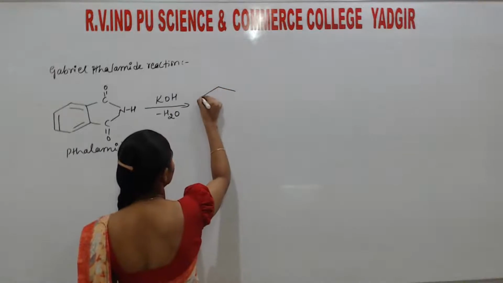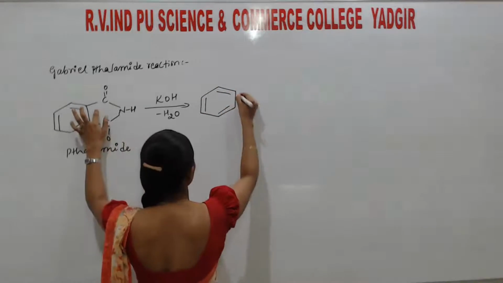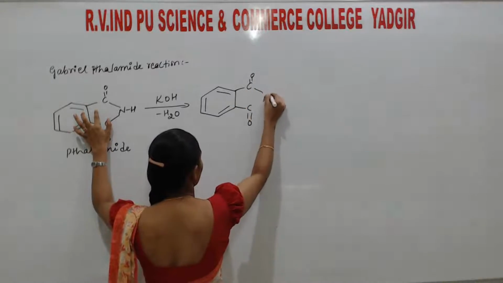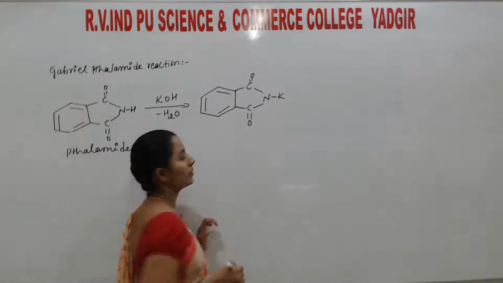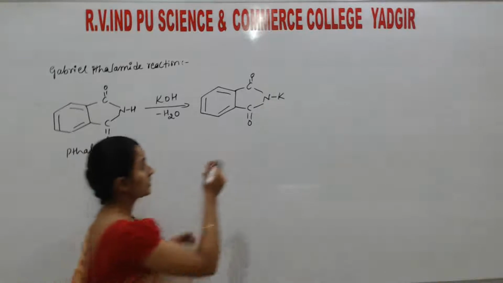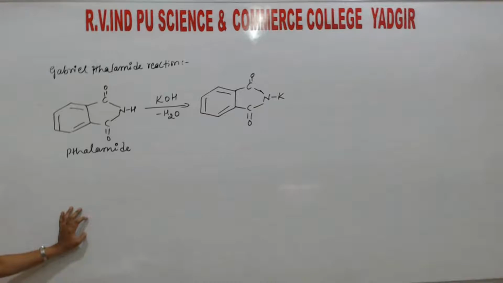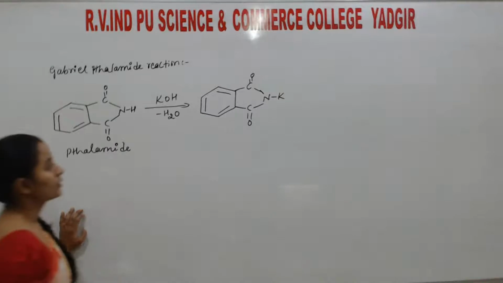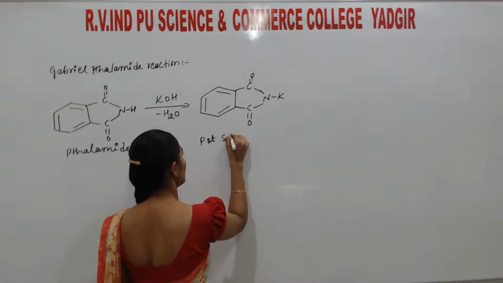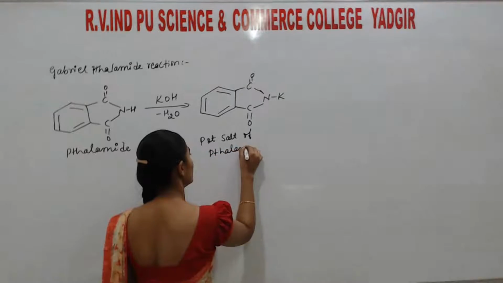They form the same structure, C double bond O, C double bond O, N, and in the place of H, K will go, H plus, that is K plus. So here, this is the potassium salt of phthalimide.